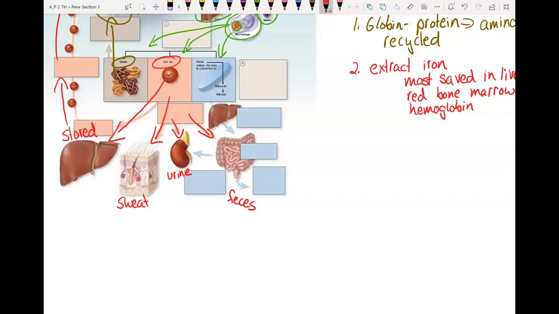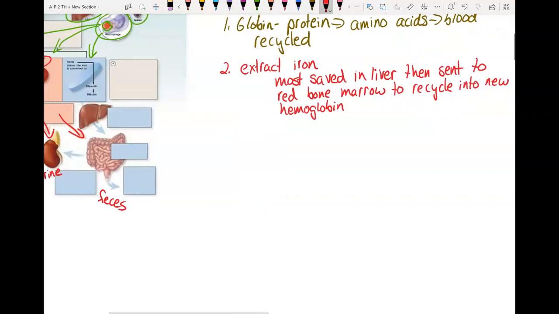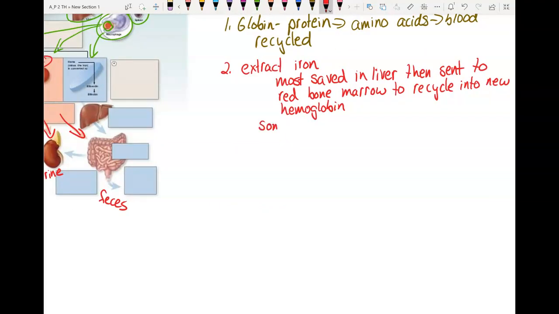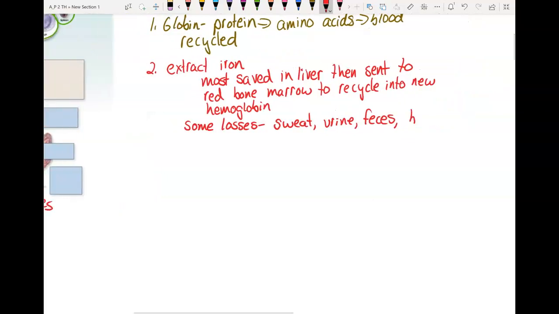Also, anytime you lose blood, if you get a cut, you're losing the iron that's in that blood, or like women need higher levels of iron in the diet because of the monthly menstrual cycle. There's a lot of iron loss with all that blood loss. So you do have some losses in sweat, urine, feces, and blood loss.